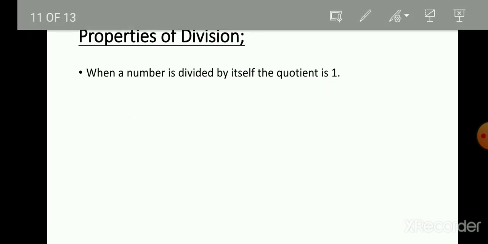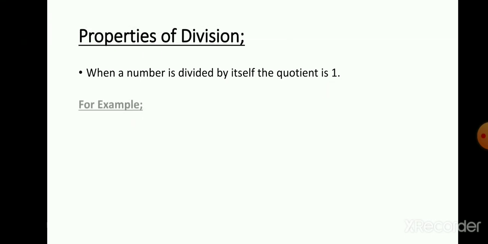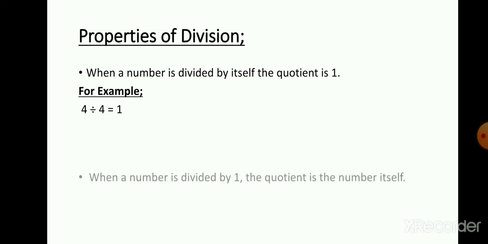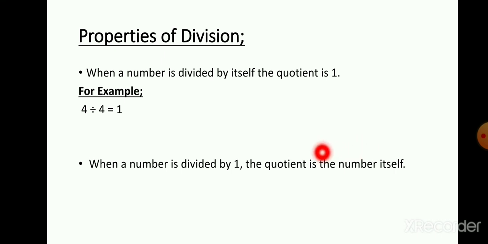For example, if you divide 4 by 4, you'll get the answer 1. The second property is when a number is divided by 1, the quotient is the number itself. For example, if you divide 4 by 1, you'll get the answer 4.